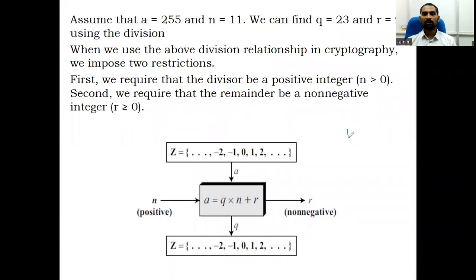We are going to have 255 here, and the divisor that we need to consider is 11. Now, if I consider 11 as the divisor, I can take 2 times 11, which will be 22.